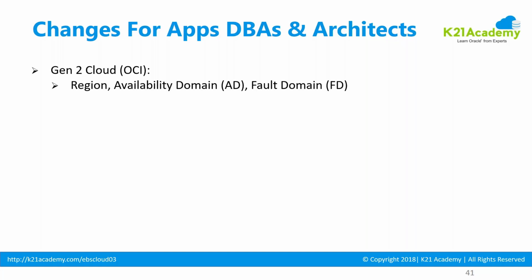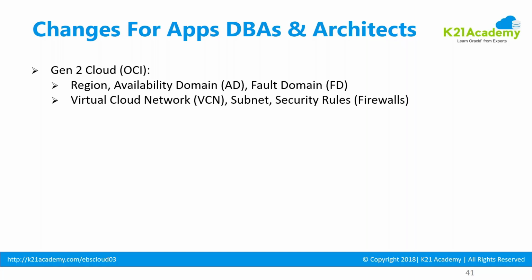So you need to understand the concepts like region, availability domain, fault domain, because that's where these applications are going to be deployed. So when you deploy your eBusiness Suite application tier, will you be deploying in an availability domain or across availability domains? So questions like that. Then you should know about virtual cloud networks. So like, how do you segregate your database tier from the application tier, or the application tier from a DMZ?